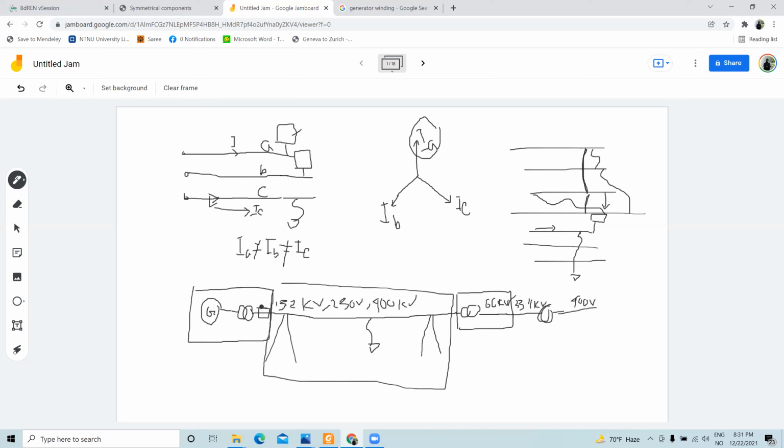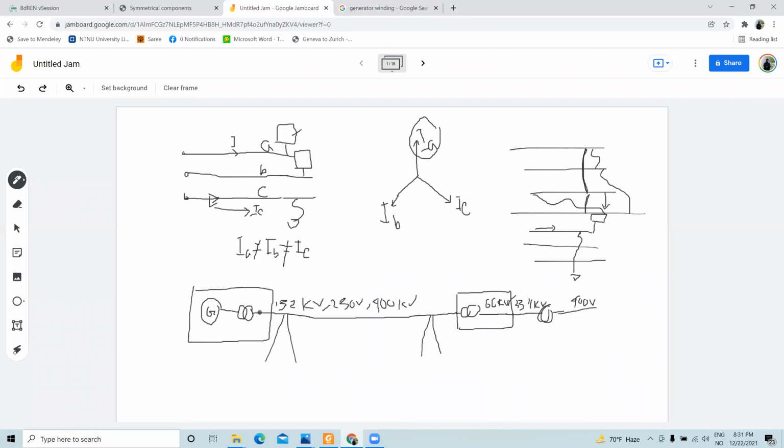So the name suggests it's a circuit breaker. It will basically break the circuit, so it will open the circuit. And this circuit breaker normally takes the command from a relay. In the power system, you have measuring equipment like a voltage transformer or a current transformer.